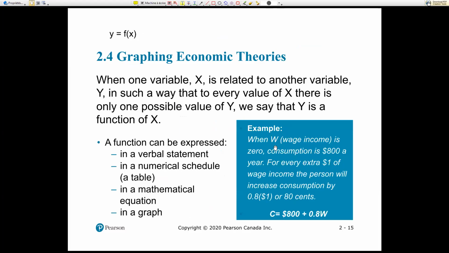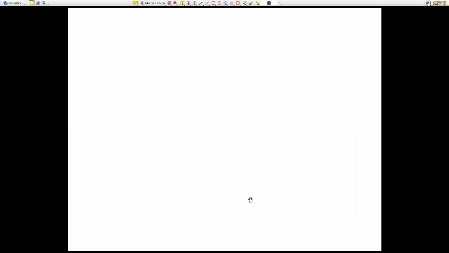So when W is 0, consumption is 800, and for each extra dollar of wage income, consumption will increase. Here, what you are expressing is the relation between wage and consumption. If I know the wage, I know the consumption, and there's only a single value of consumption that I can have.